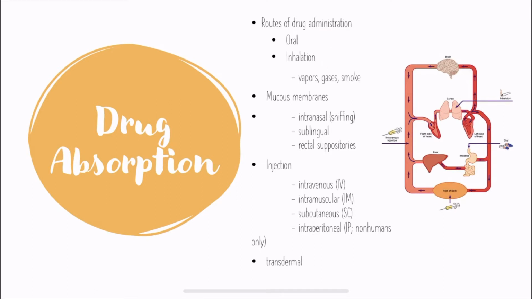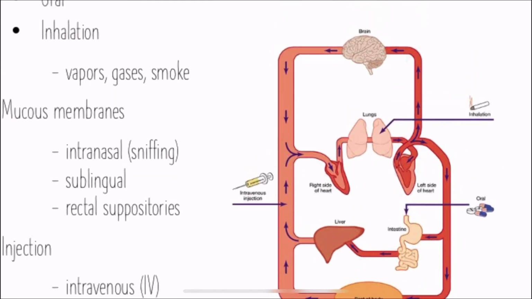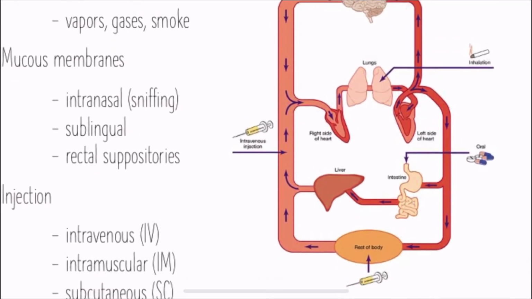You can also absorb through mucous membranes, through intranasal or sniffing, sublingual, and rectal suppositories. You can also absorb them through injections like intravenous, intramuscular, subcutaneous, and intraperitoneal, which is only for non-humans. And you can also absorb them through transdermal. So here is the route of administration of drugs.